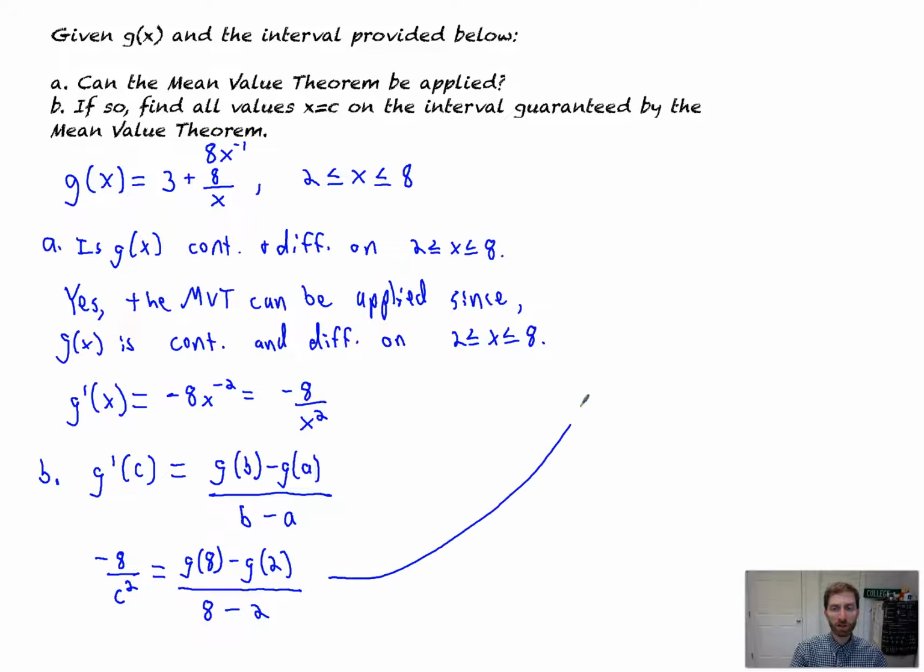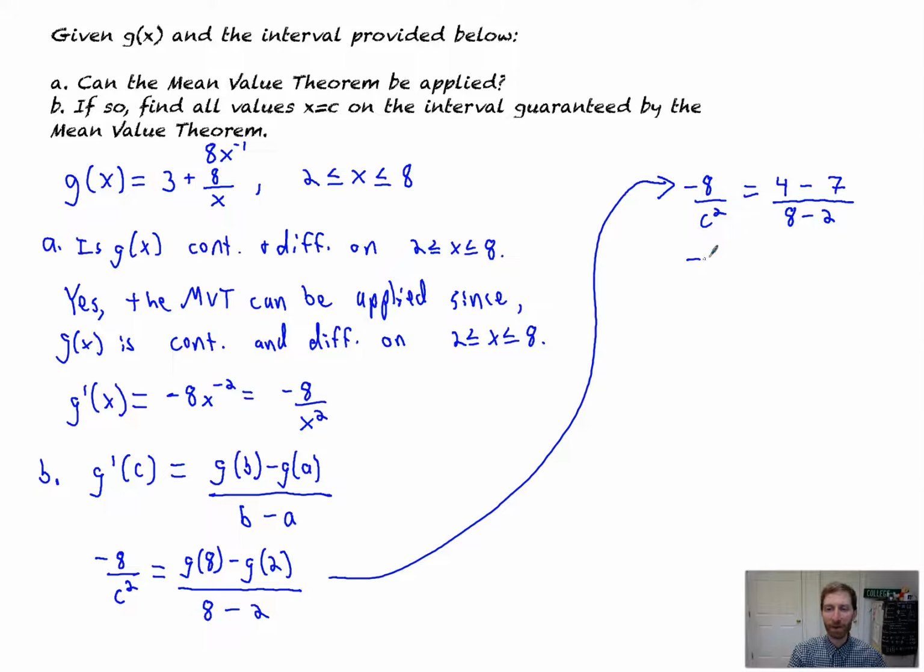So we're going to patiently do those calculations. So negative 8 over c squared, that's the derivative, is equal to g of 8. Well, that's 3 plus 8 over 8. That's 4. That's nice. Minus, let's plug in 2. G of 2. 3 plus 8 over 2 is 7, right? Because 8 over 2 is 4, and 3 plus 4 is 7. 4 minus 7 all over 8 minus 2.